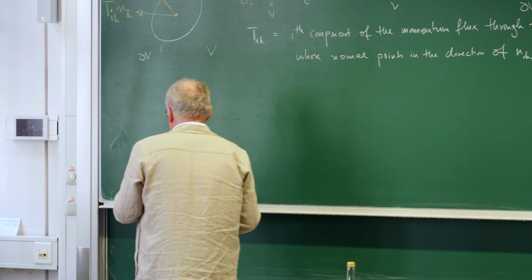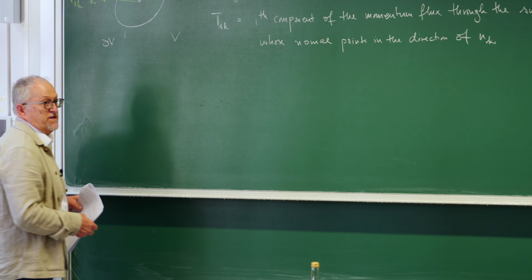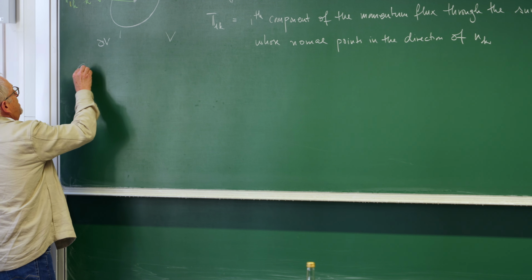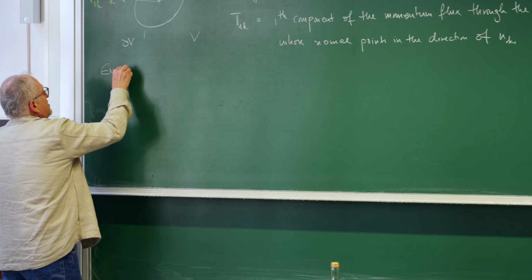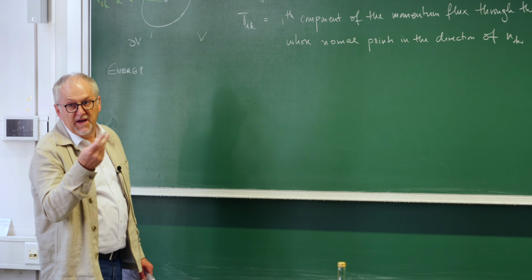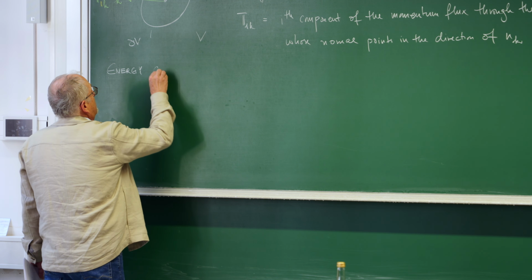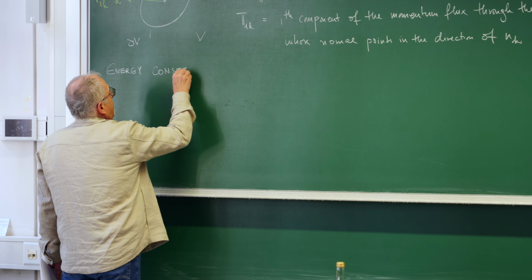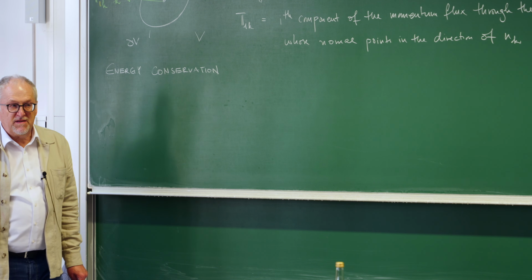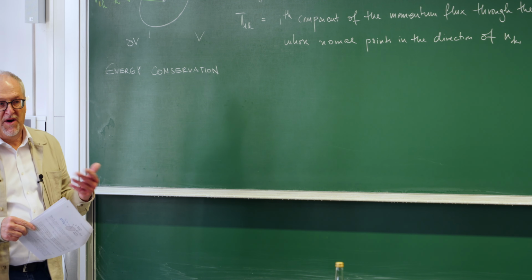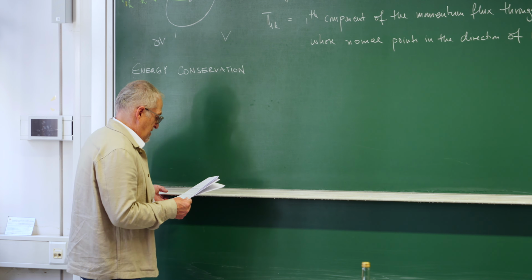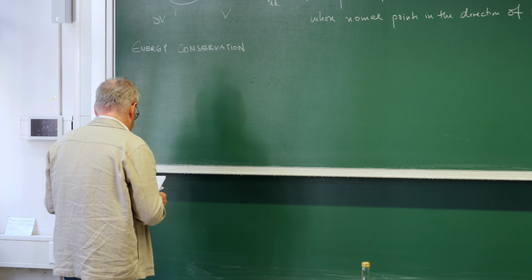Right? So I hope that helps your intuition of what such a tensor means. We now just continue with all the other laws of conservation that we have. We had mass conservation, we had momentum conservation. Now we look at energy conservation. And this is less obvious, I would say, in terms of how you write this down, because now you really need to use thermodynamics to make sense out of what this means.